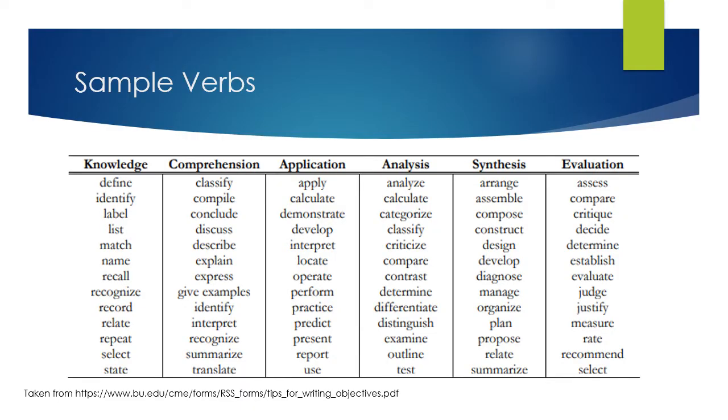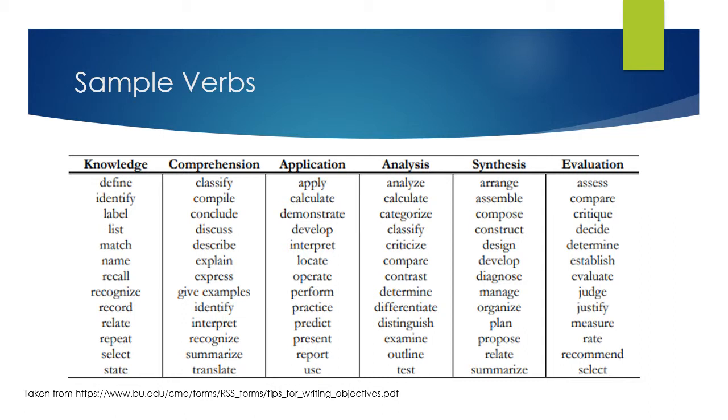This slide includes sample verbs that are organized by taxonomy level. So as we indicated on the previous slide, the knowledge and comprehension levels of taxonomy are less sophisticated levels of learning. And as we move to the right and we get to the evaluation stage, that shows much more complicated tasks in terms of what we're asking our learners to be able to do.